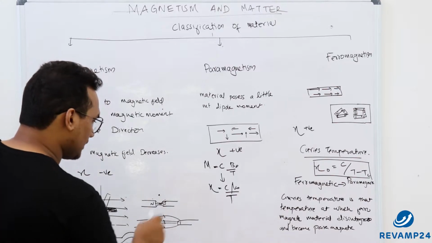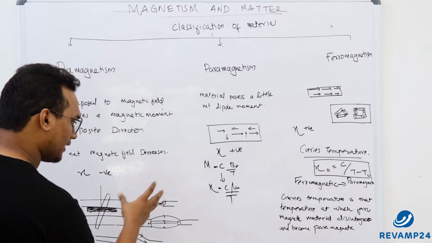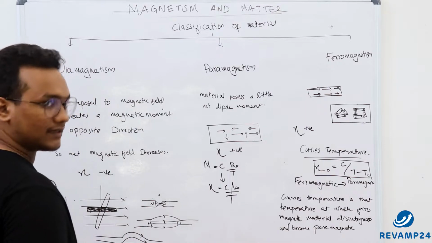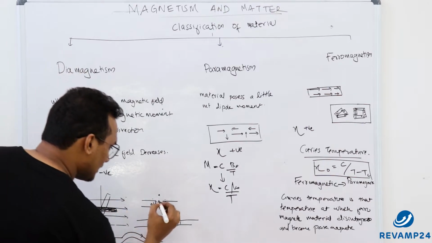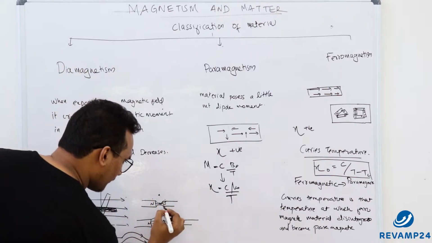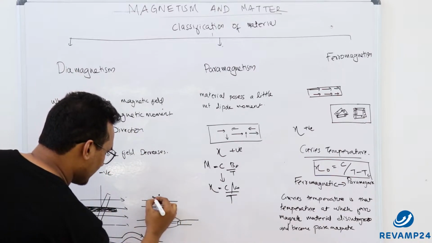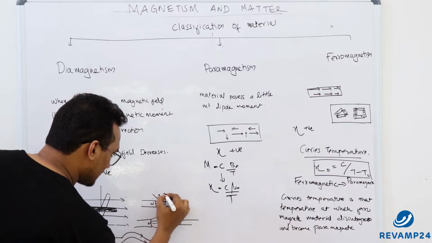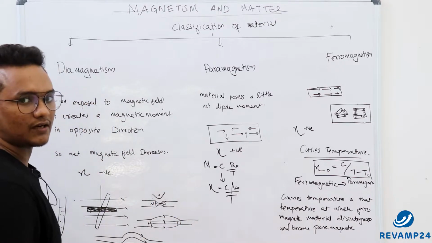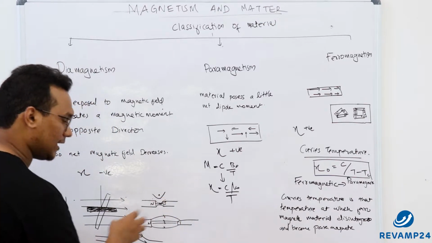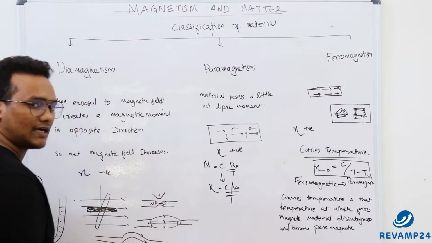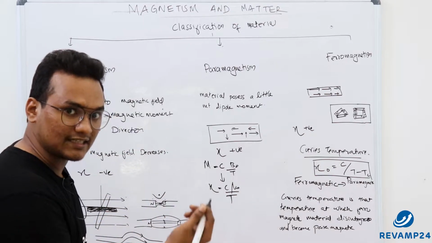So when we spread the powdered diamagnetic substance, we will see that its concentration will be more here, and less on the surface. Actually, when we keep an iron powder, it will be more at the place where the magnetic intensity is more, right?